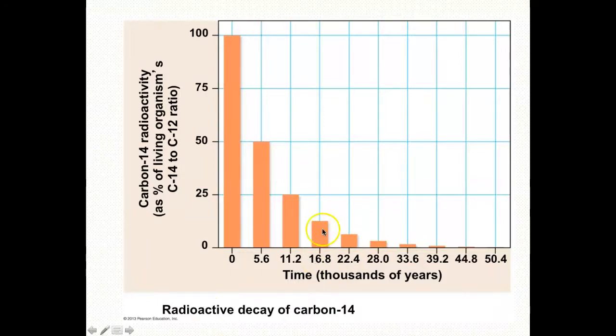Well, then you can say the age of that fossil is somewhere around here, because this graph is at 12.5%. So you can say that that fossil is roughly 16.8 thousand years old.